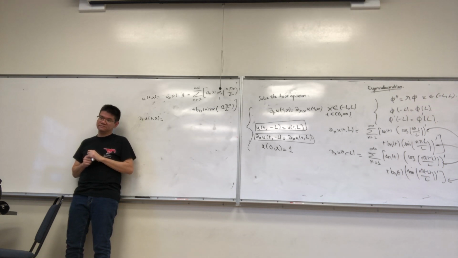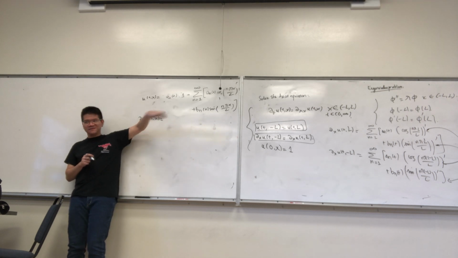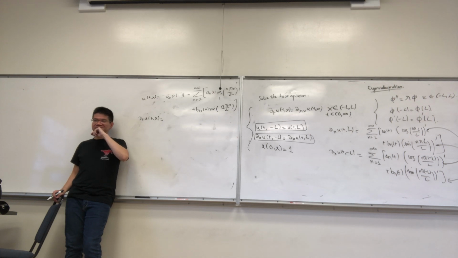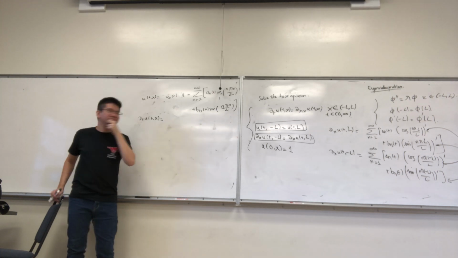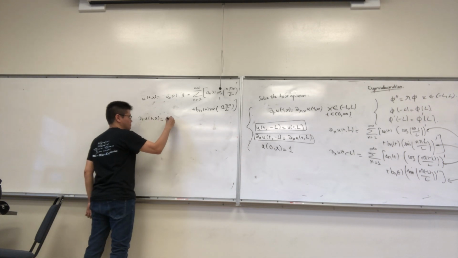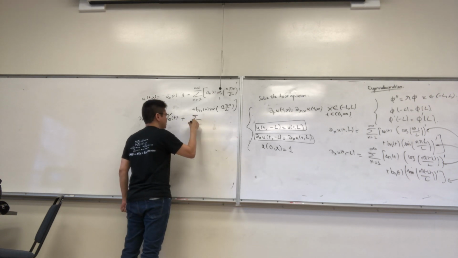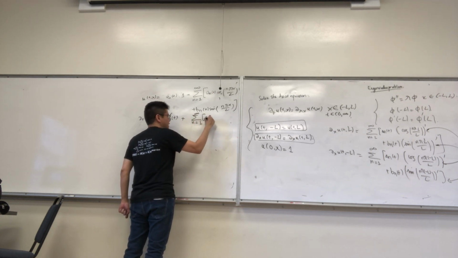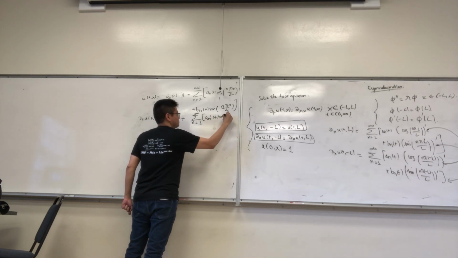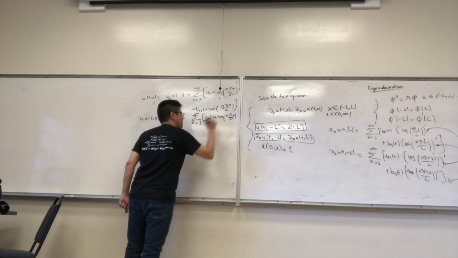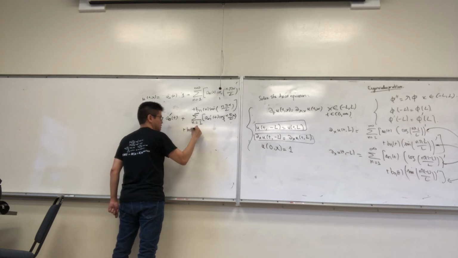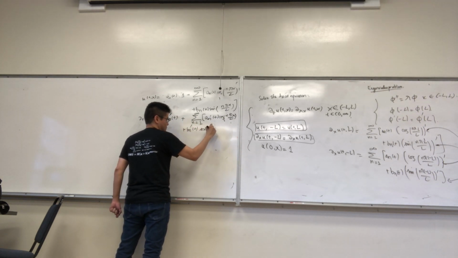It'd be the sum from 1 to infinity of an(t) lambda n cosine n pi x over L plus bn(t) lambda n sine n pi x over L. I just want to take the derivative of this guy. What is it? A naught prime of t plus the summation of an prime cosine plus bn prime. So I just have to take the derivative with respect to t in this series. So this is an prime cosine of n pi x over L plus bn prime sine of n pi x over L.